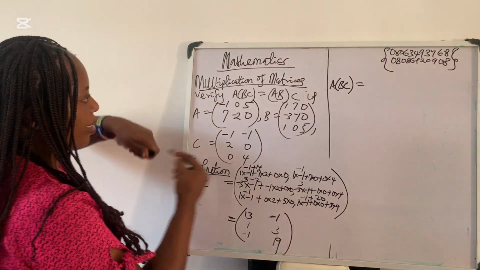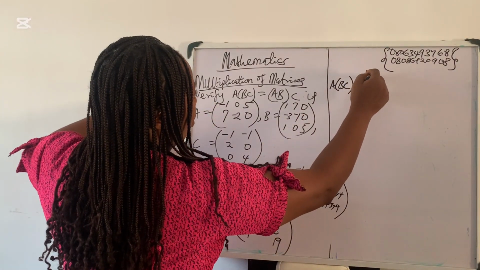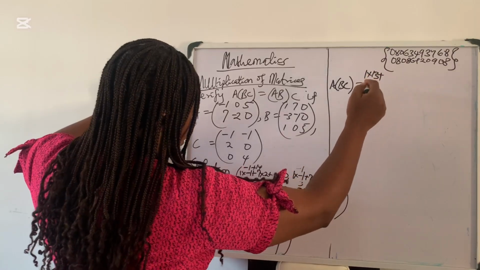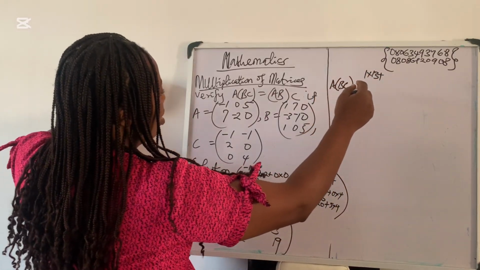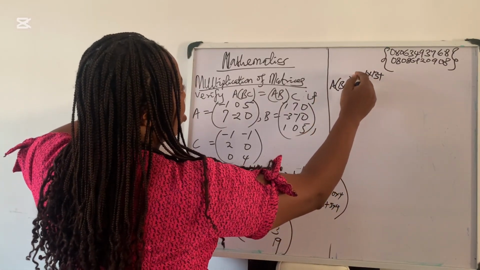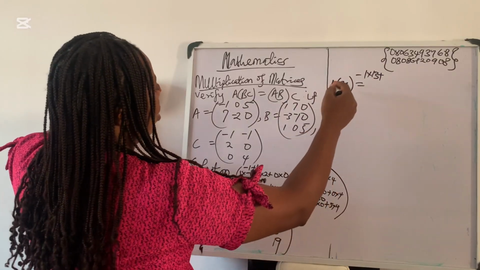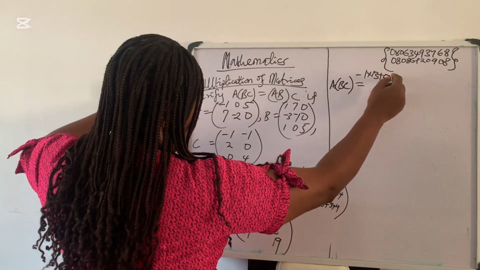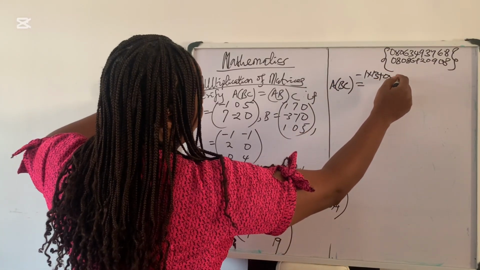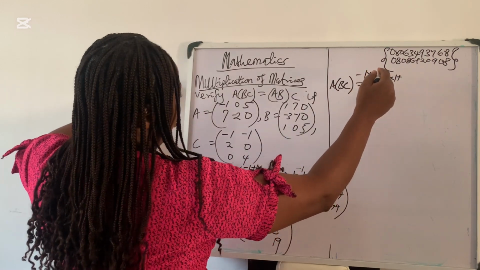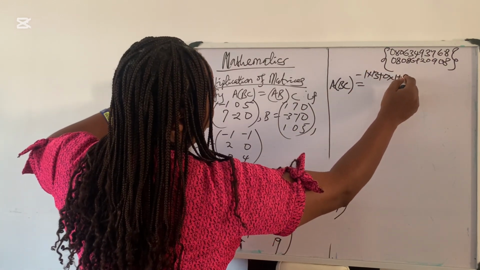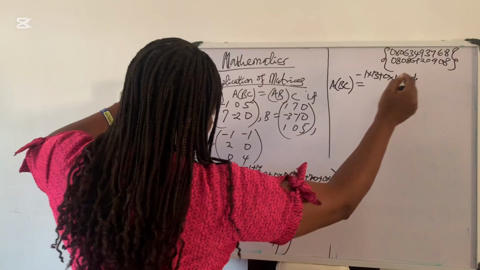Now 1 times 13 plus minus 1 times 13, then plus 0 times 1 plus 5 times minus 1.